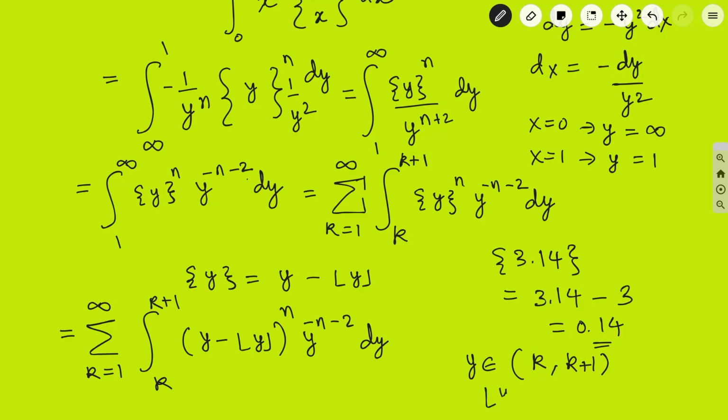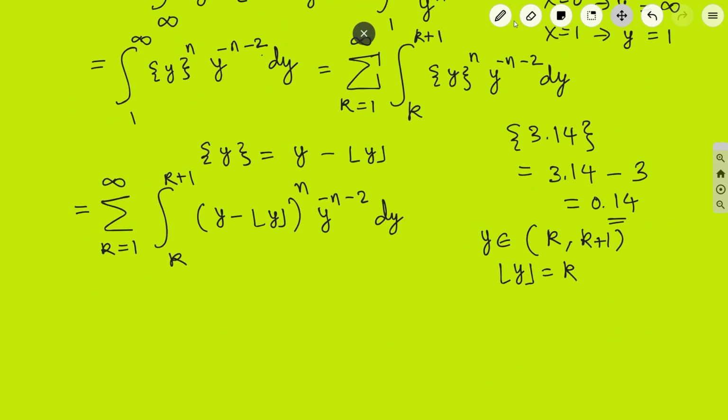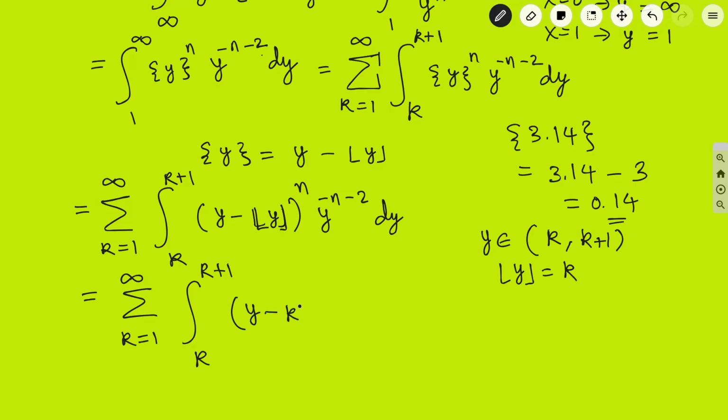So you can write this as summation k from 1 till infinite, integral k to k plus 1, of y minus k to the power n, y raised to minus n minus 2 dy.